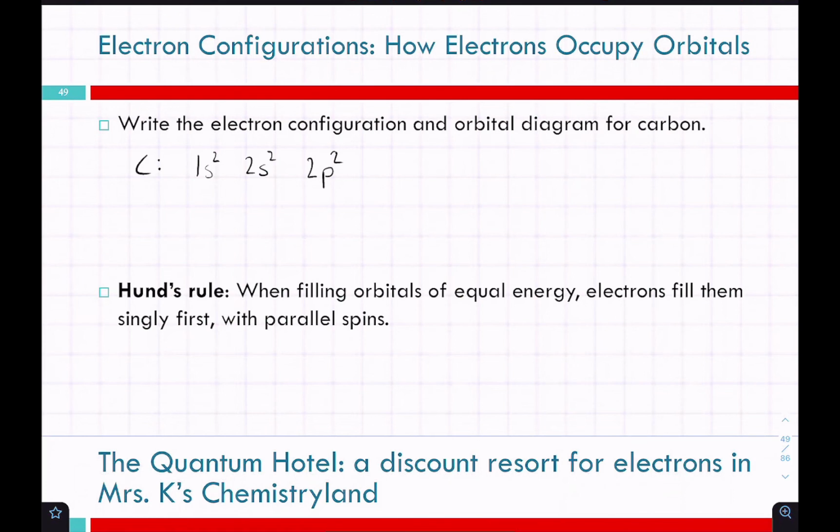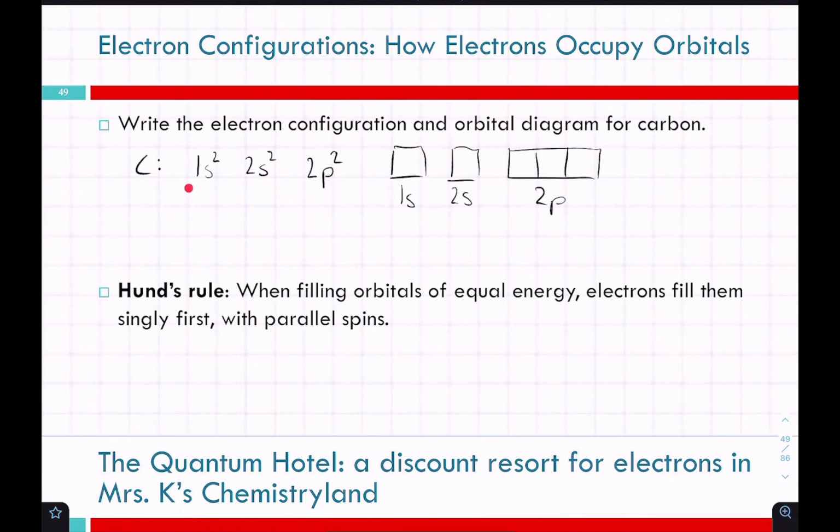So for an orbital diagram, we're going to have all of the same orbitals as our electron configuration. But now's the first time that we're getting a subshell that has multiple orbitals.